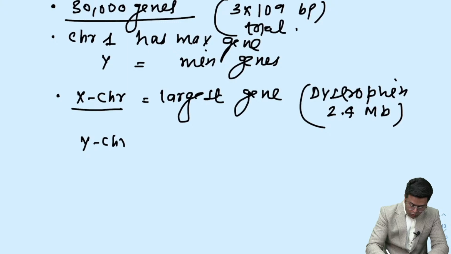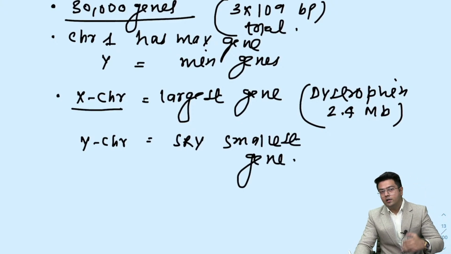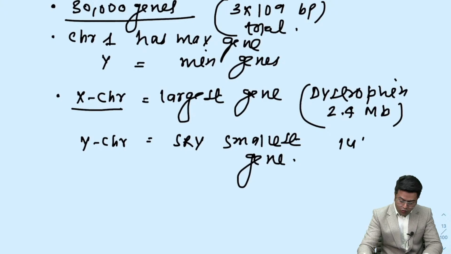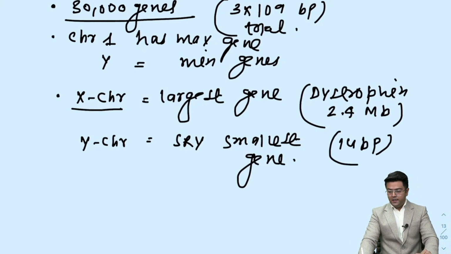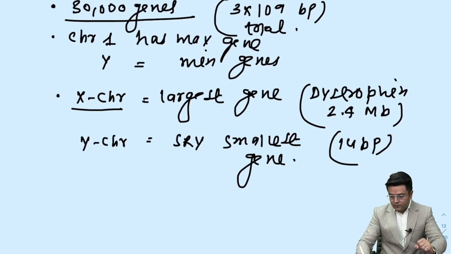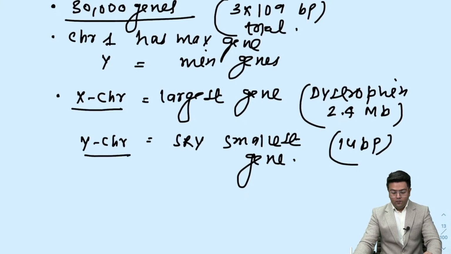And the Y chromosome has the smallest gene, that is called SRY. That is also called the testicular differentiation factor, and that is just 14 bases. Guys, that is just 14 bases. Clear? So that is again very, very important. That is the Y chromosome.